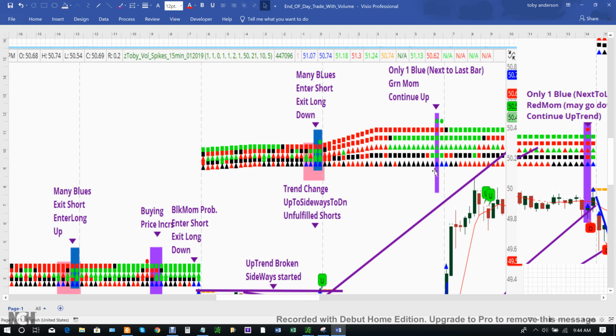This situation basically means continue with the trend. The trend's going to continue.